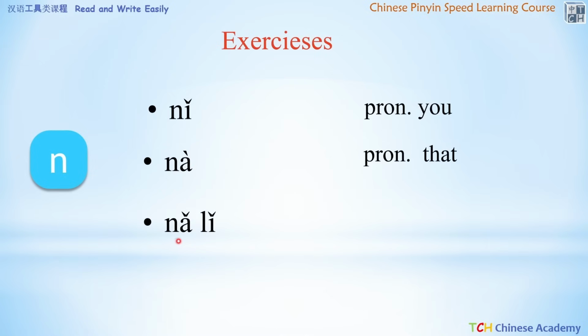Look at this one. N, a, na, na. And we're going to learn this just next. And this is l, i, li. So together, na li, na li. That means where. Can you try?